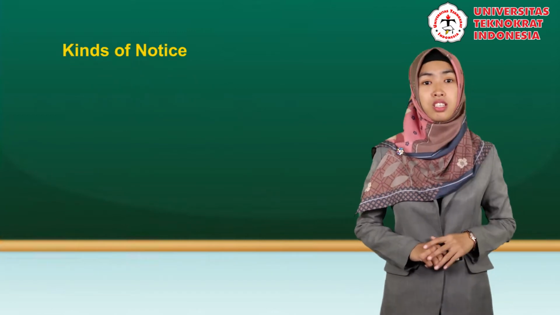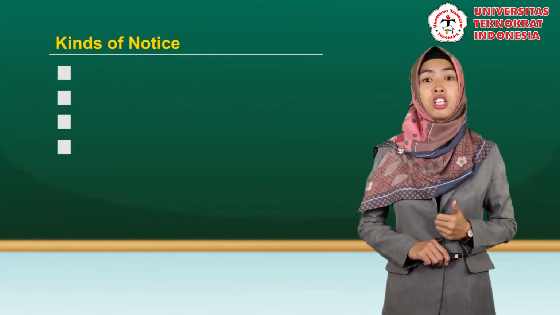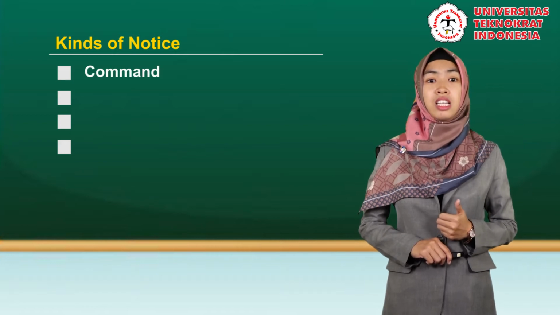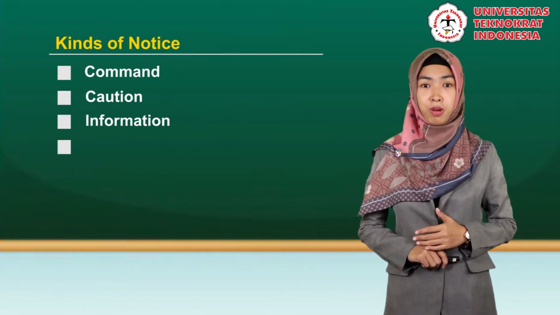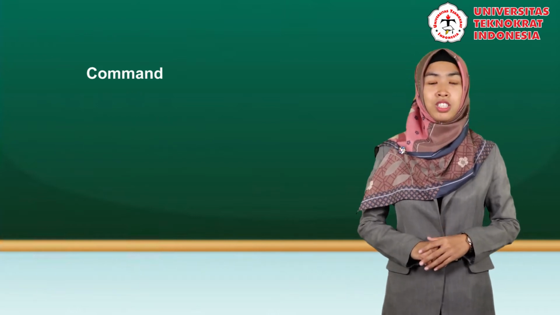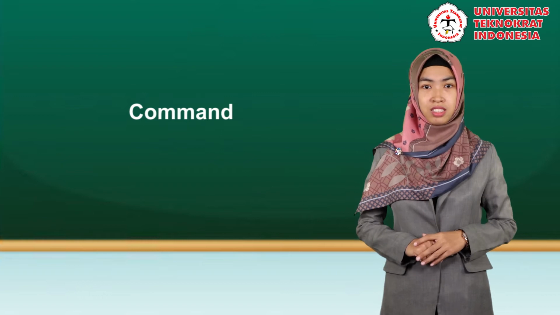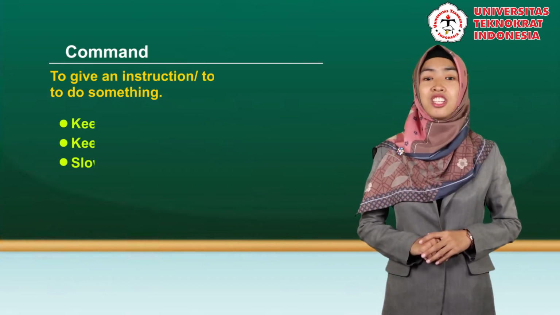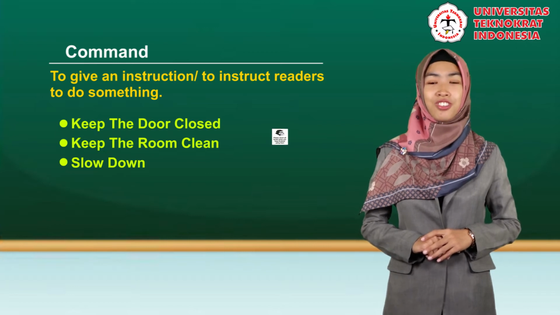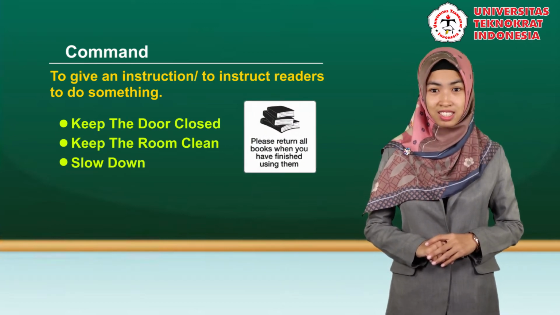And there are some kinds of notice. There are 4 kinds of notice. The first one is command, and then there is caution, information, and the last one is prohibition. So, the first one is command. This is a notice that gives an instruction, to instruct readers to do something.